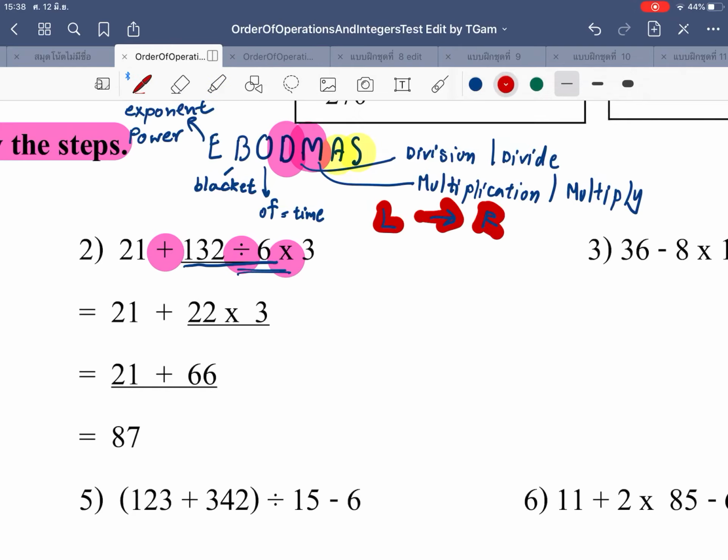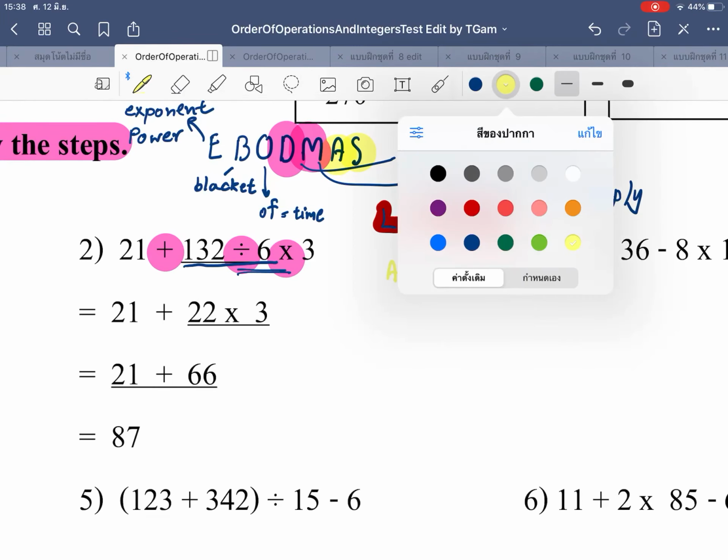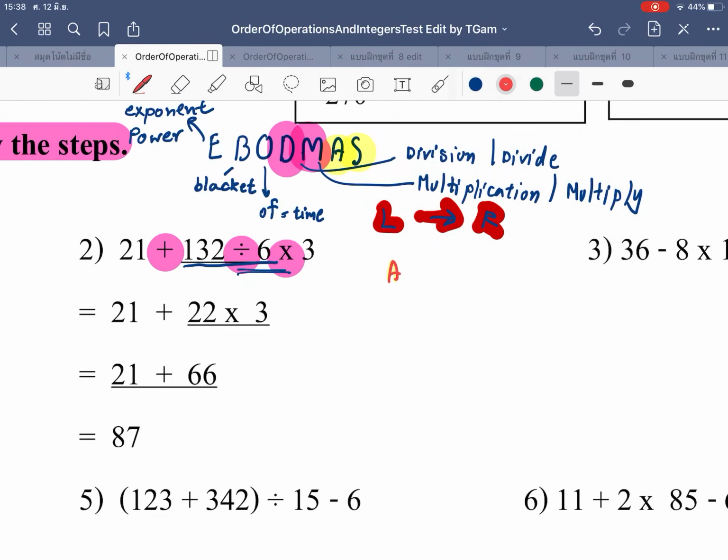Okay, left to right, and then you have AS. What is A? A, oh, it isn't clear enough, so we change the color. A comes from addition. If it's a verb, you can say add. S comes from subtraction.